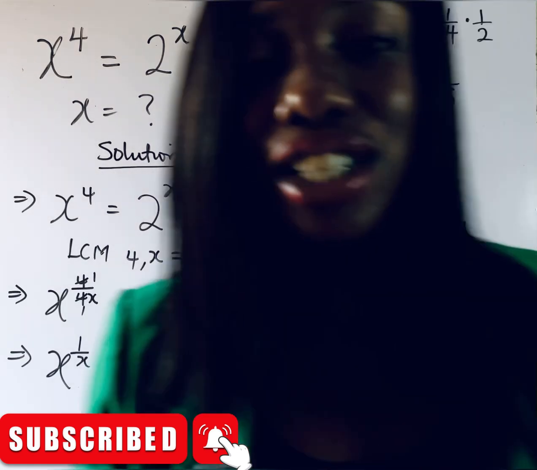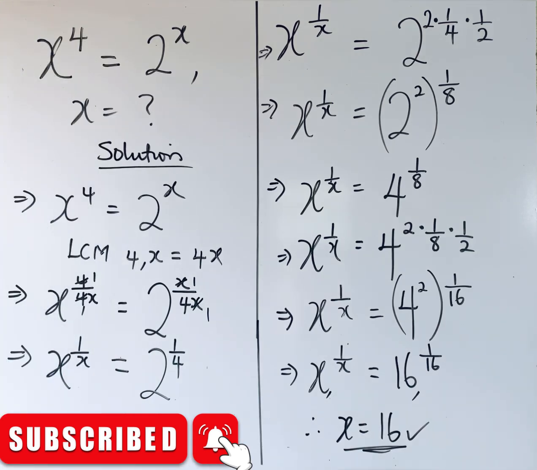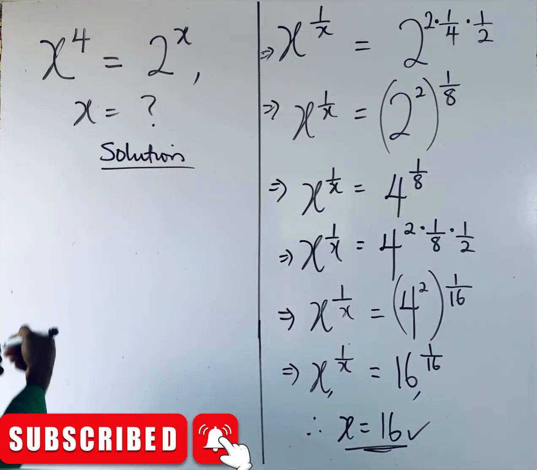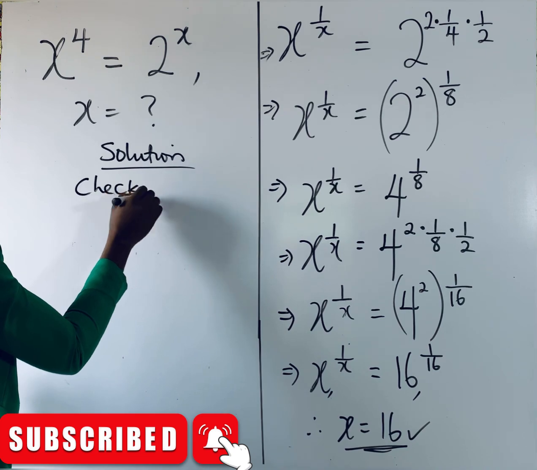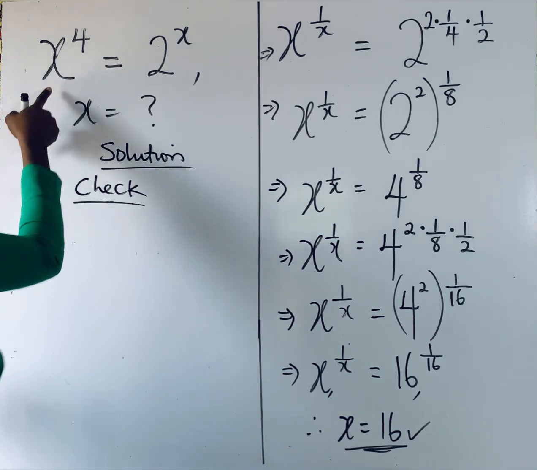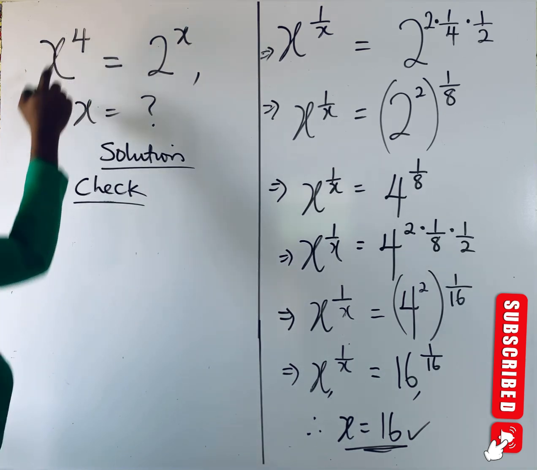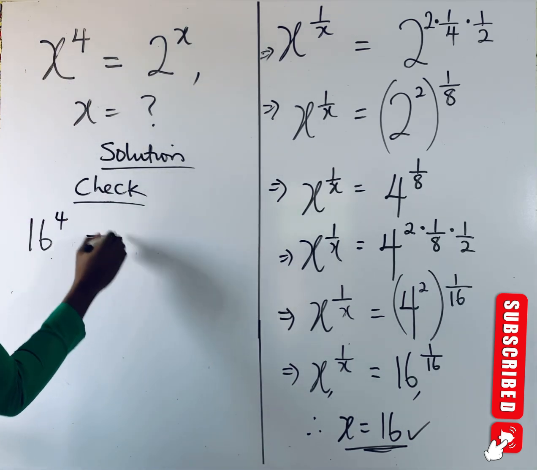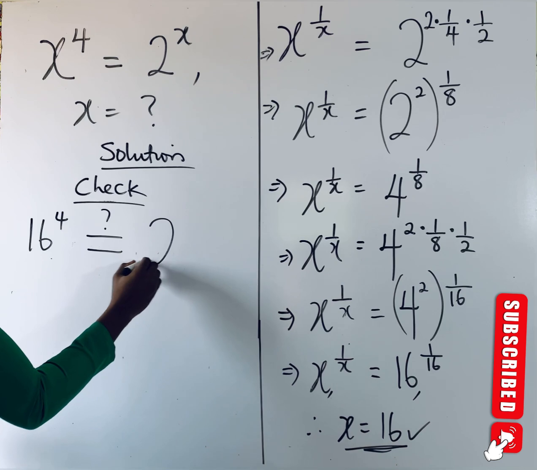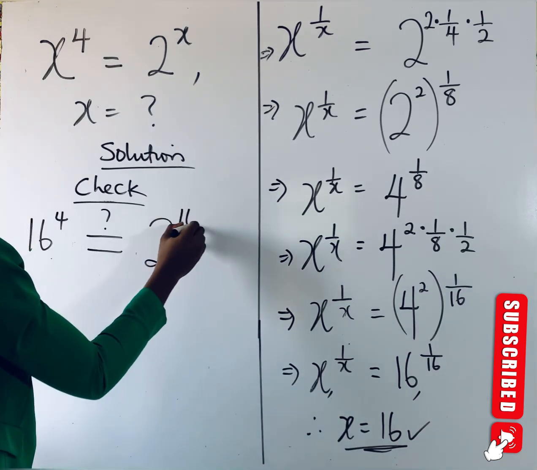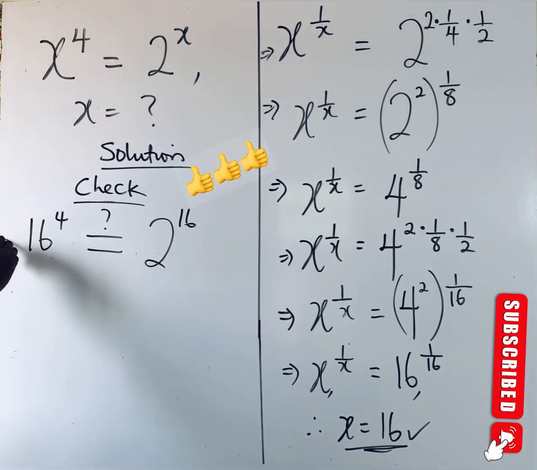Now we're going to do a check to really know if this answer is correct. To the left side we have x, and x is 16. So we have 16 to the power of 4. Is it the same thing as 2 to the power of 16? Let's see. We are going to simplify this.